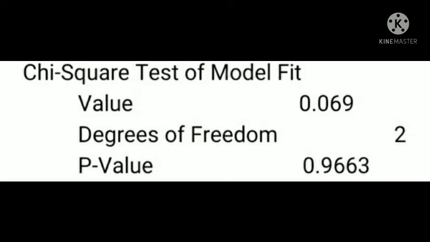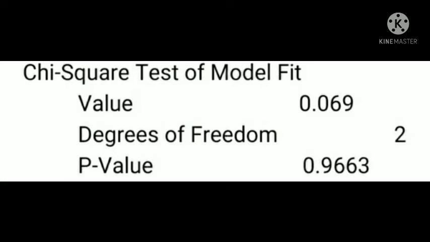Please see the value of chi-square test of model fit. The criteria for a model fit is that the chi-square value should be low and non-significant. That is, its p-value should be greater than 0.05.